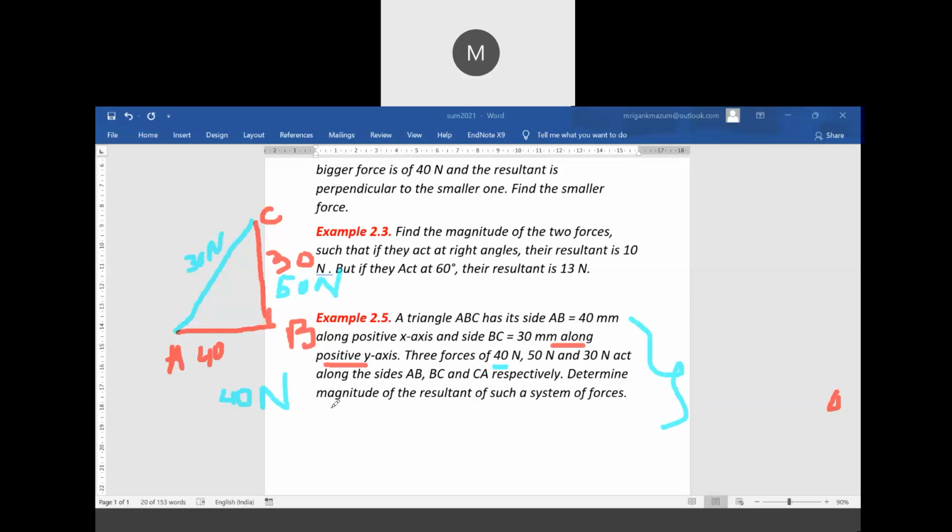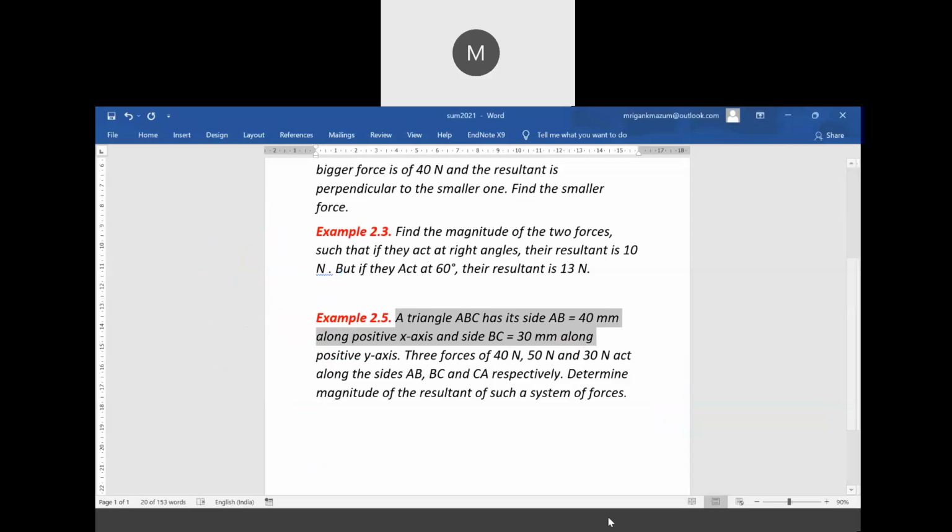Now how to determine the magnitude of the resultant of such a system of forces? First of all, you have to find out mainly sin theta and cos theta. So what will be the sin theta here? Can you tell me what will be the sin theta here?